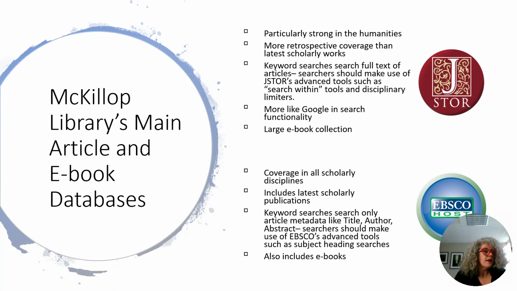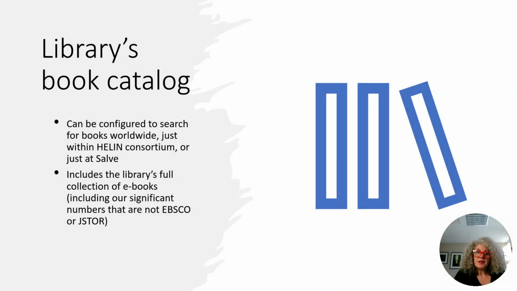The library's book catalog is somewhat like EBSCO in that it is particular about the language you use when you're doing your searching. So you want to use fewer and more precise words when you're using our book catalog. And it also includes all of the library's ebooks across discipline, across vendors.